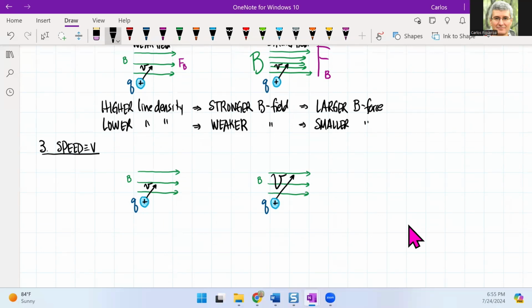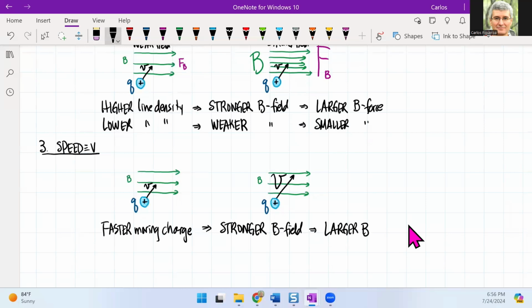If I have a faster moving charge, then I'm going to produce a stronger magnetic field, and as a consequence, I'm going to get a larger magnetic force.